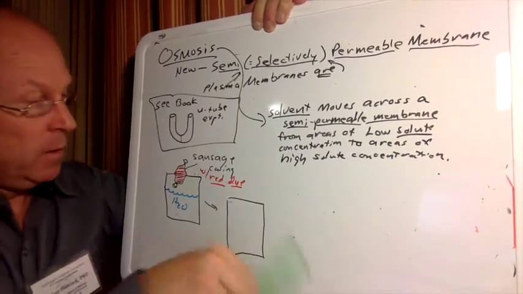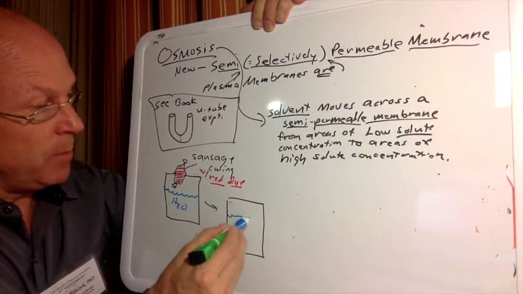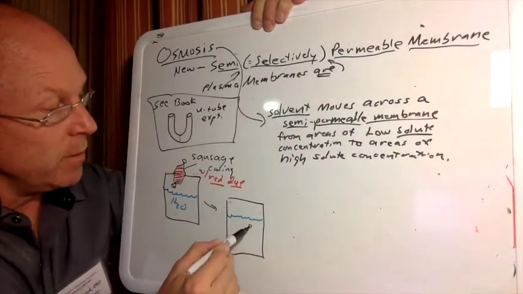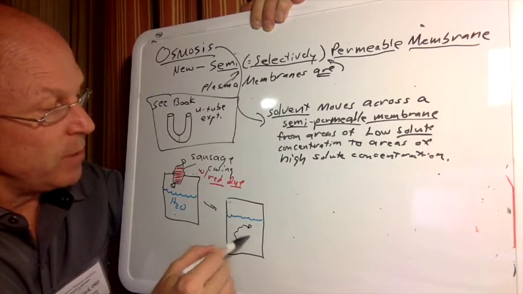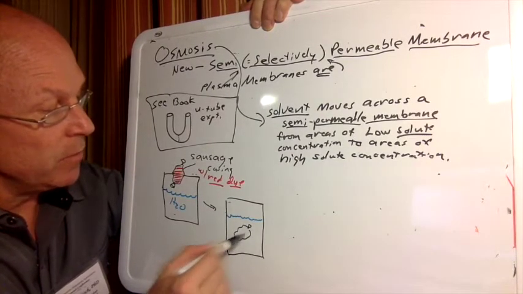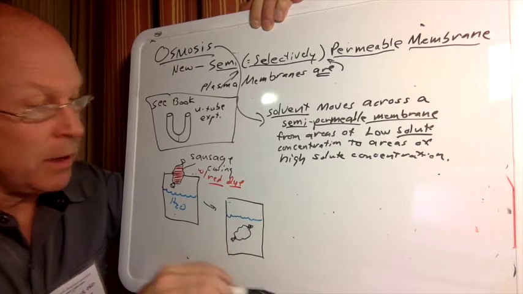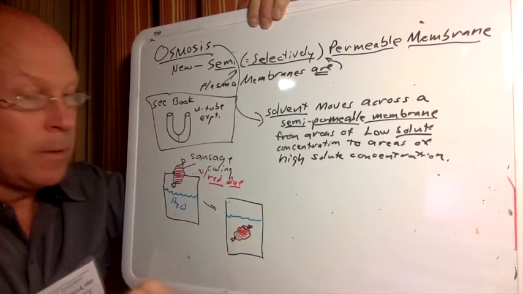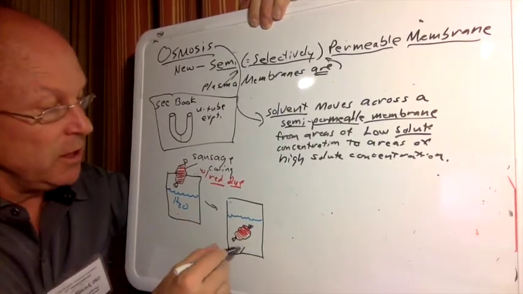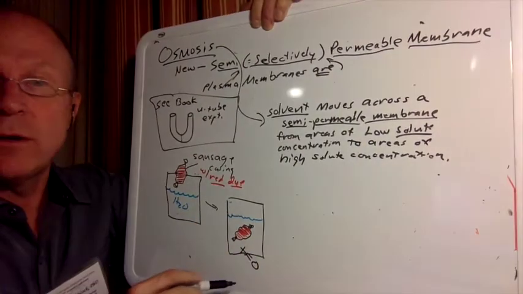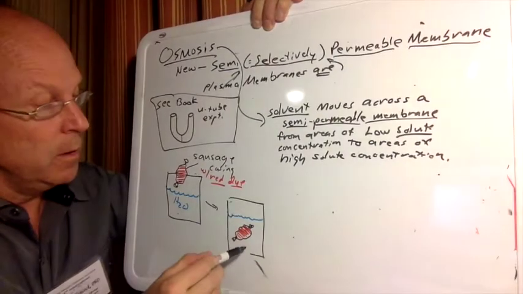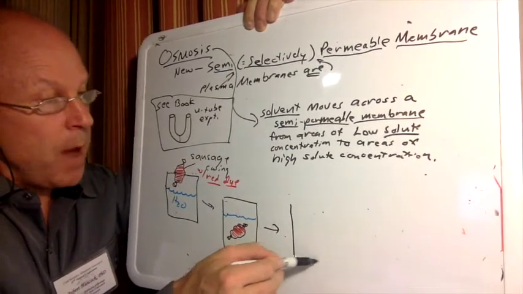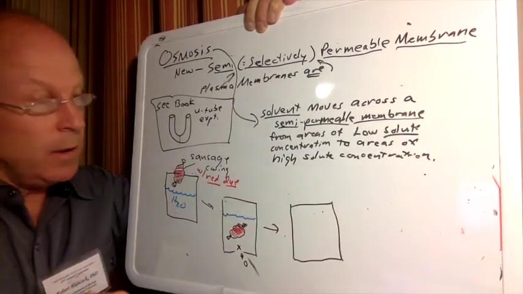And of course, the H2O level will go up in the beaker because we've added volume. Here's what's going to happen. We've dumped it in the beaker. Here's what it looks like at the beginning. We still have this nice concentration of red dye. We'll say this is T equals 0. Then later on, we're going to come back and take a look at this thing, and we're going to see this.